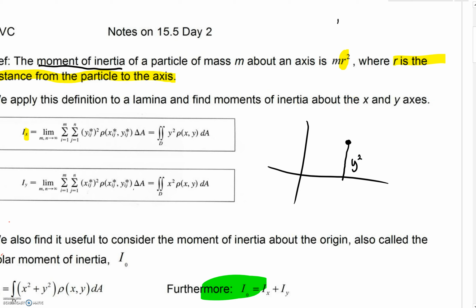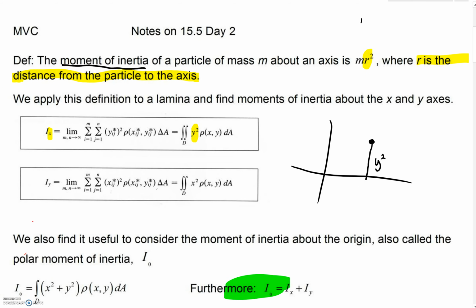And that's what I really want you to see as we're working this definition out, as we're finding that moment of inertia about the x-axis. Inside the integral, we'll have a y squared times rho, the density function. That's really what we're working with today.